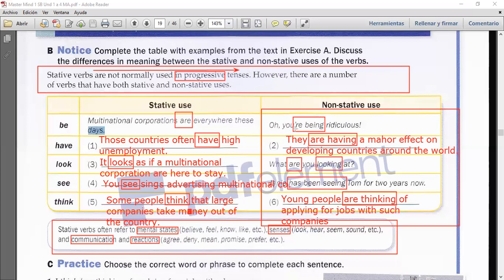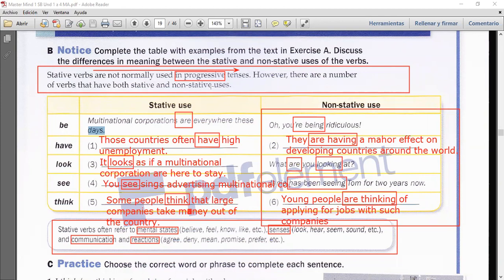That's why you say you're being ridiculous. Calm down, and look at the intonation as well. The context helps a lot to see that a verb is working in a progressive.